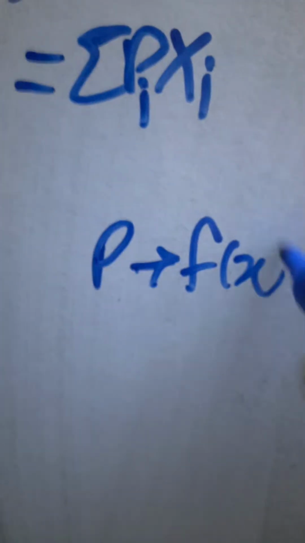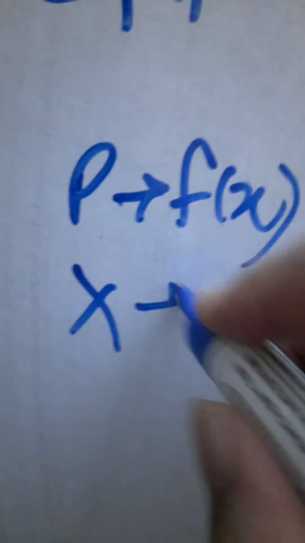Let's see. E of x in the discrete variable was the summation of p i x i. Here it becomes integration form, where p becomes f of x and x becomes small x.